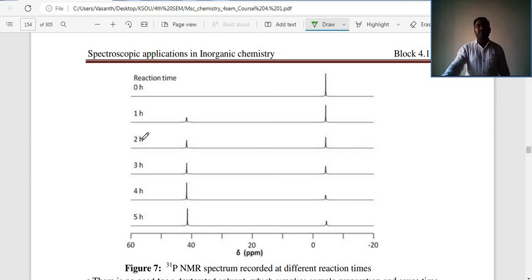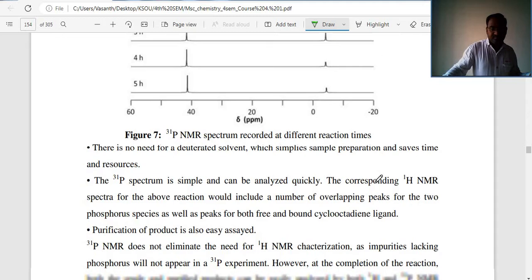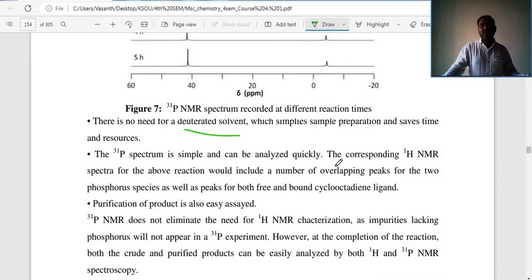This is reaction time 1 hour, reaction time 2 hours. What happened here? The phosphorus NMR spectrum is recorded at different reaction times, and there is no need for deuterated solvent. This simplifies sample preparation and saves time and resources. The phosphorus spectrum is simple and can be analyzed quickly.